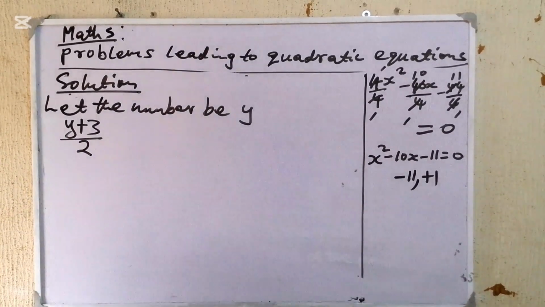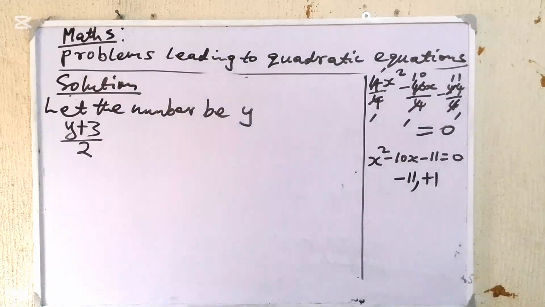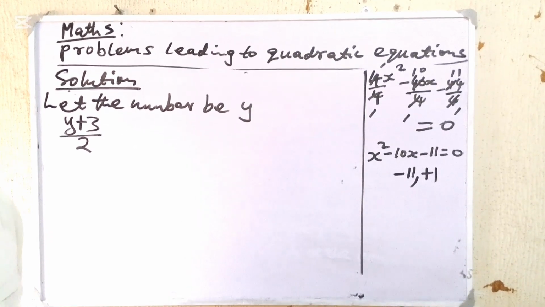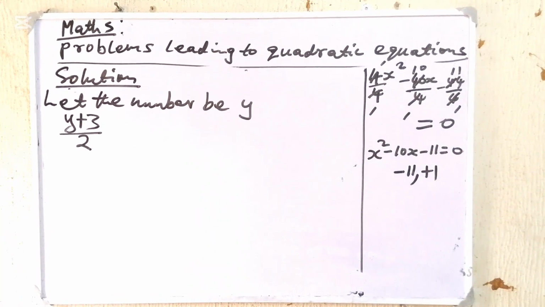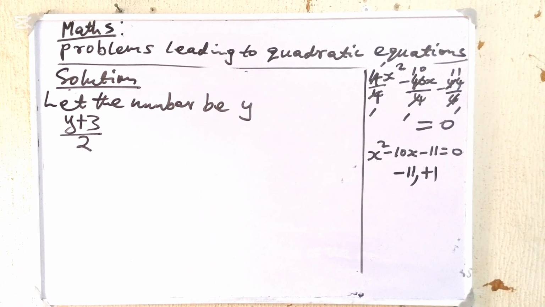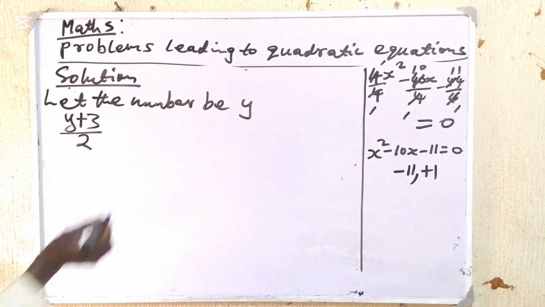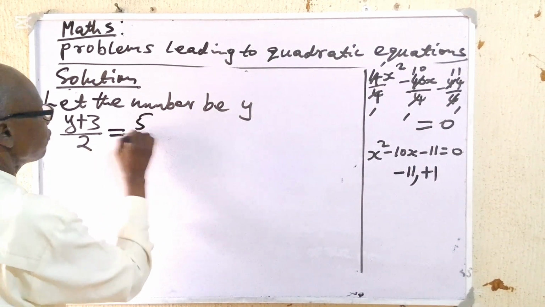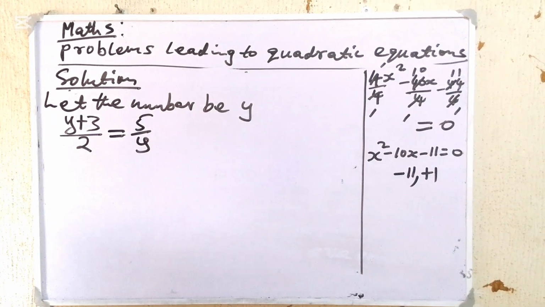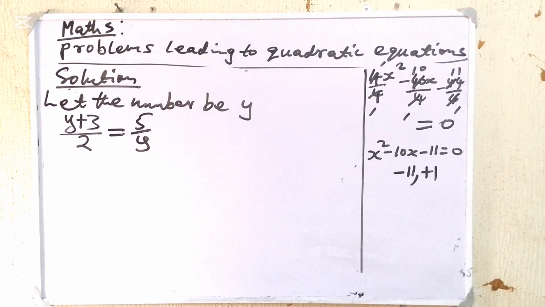We were told that it is the same thing as when 5 is divided by a number. The result is the same thing as when 5 is divided by the number. That means that this is equal to 5 over y. Then we cross multiply and then continue.